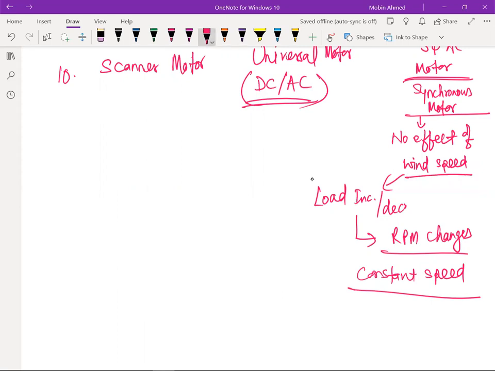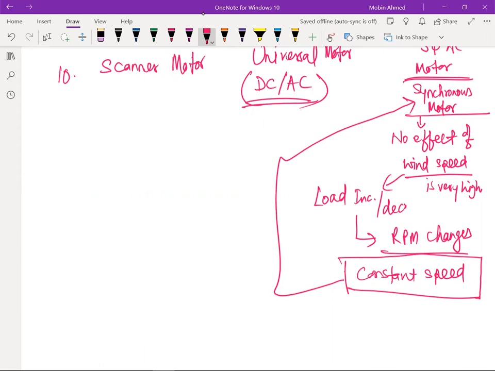But if the wind speed is very high, then the load is continuously going to change, increase or decrease. And due to that, your RPM is going to change. If we require a constant speed, in that case we prefer a synchronous motor because even with a load change it will always give a constant speed. That is the characteristic of the synchronous motor.